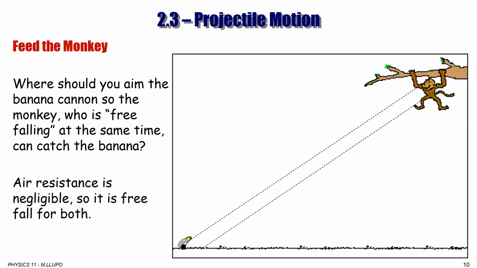So for the monkey it's a free fall, and for the banana it's perfect projectile motion. So we can try it and you see that it is aiming exactly toward the monkey, because both banana and monkey are going to be displaced in a vertical direction equally, because both of them are under the same gravity.